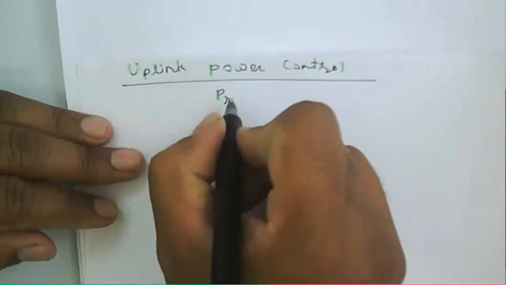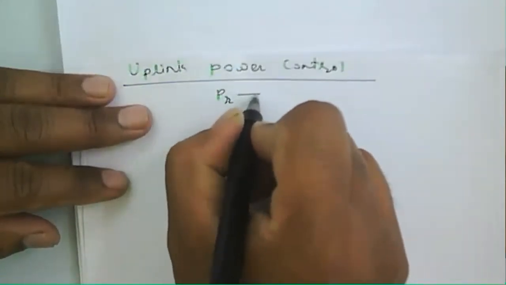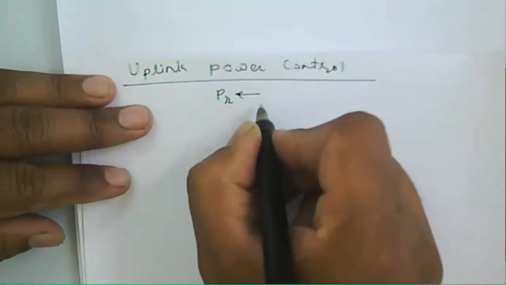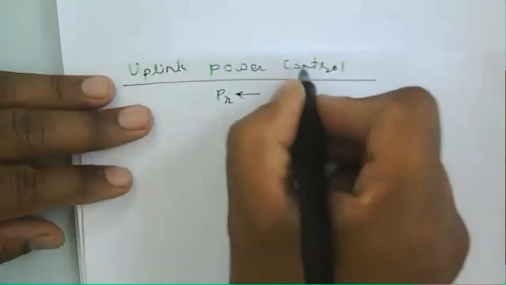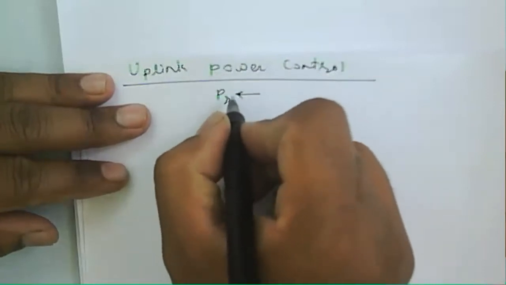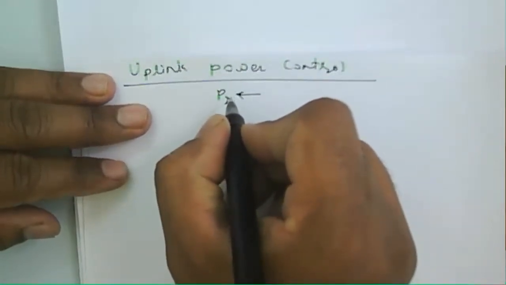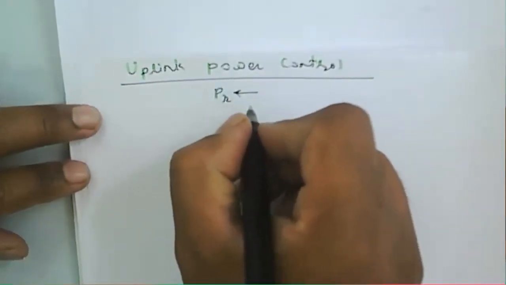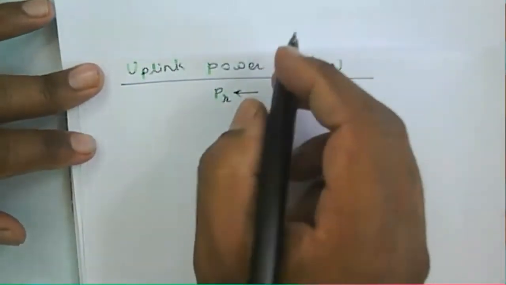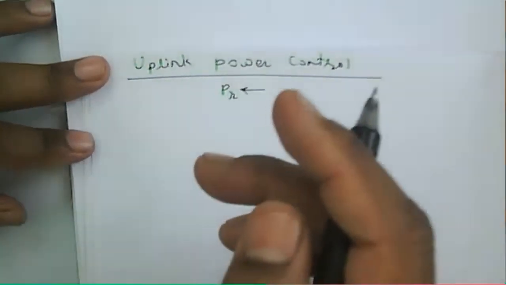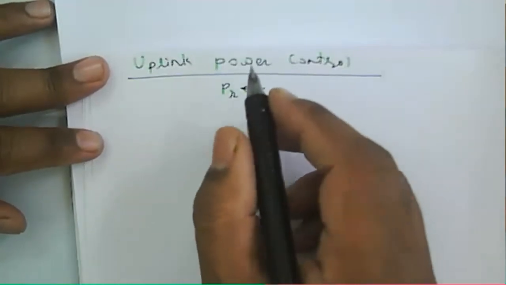To increase the received power, we need to increase the uplink power. If the received power is reduced, it will be reduced due to signal fading, which can occur at the uplink as well as the downlink.